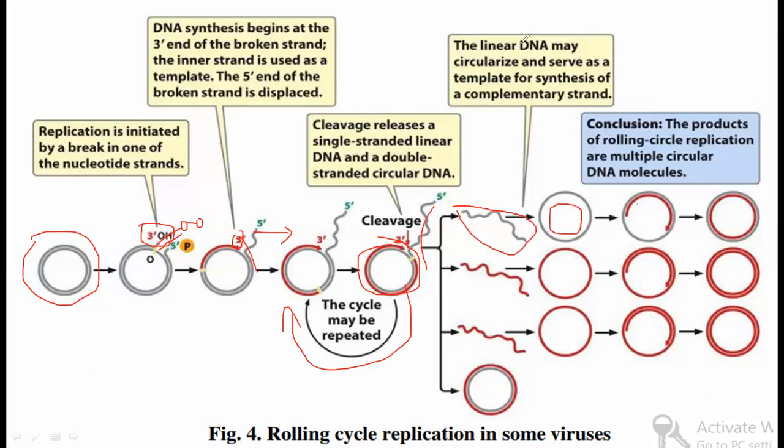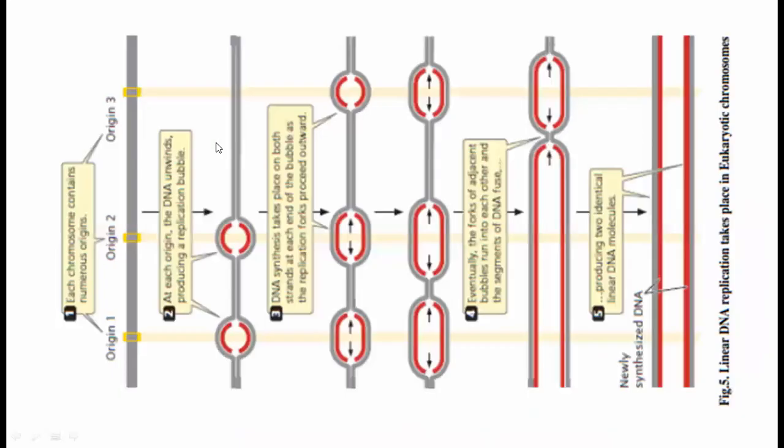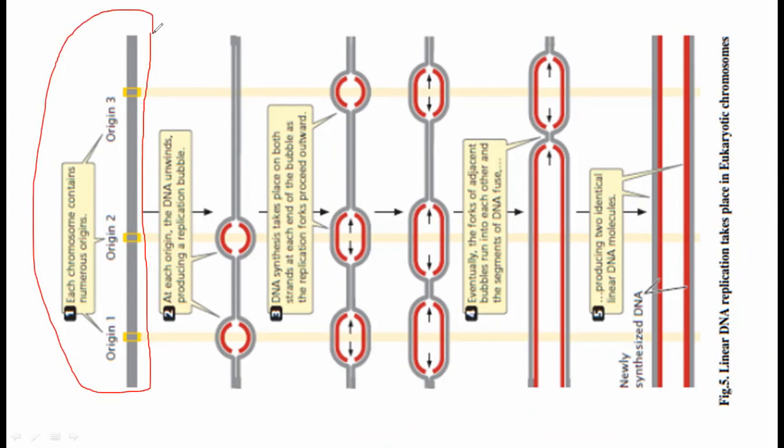This is the kind of replication which takes place in viruses and F factors. F factor is found in prokaryotic organisms. Now coming to linear replication, it's a bit more complex. See here, this is a chromosome. Our DNA content is very big, so we cannot have only one origin of replication.